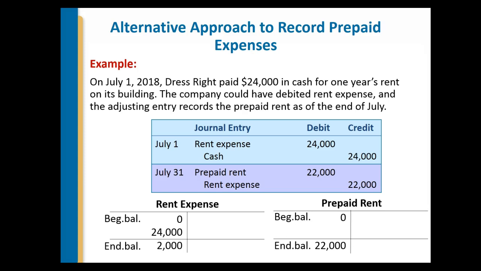Well, the net effect of handling the transaction in this way is the same as the previous treatment. But either way, the prepaid rent account will have a debit balance at the end of July of $22,000, and rent expense will have a debit balance of $2,000.